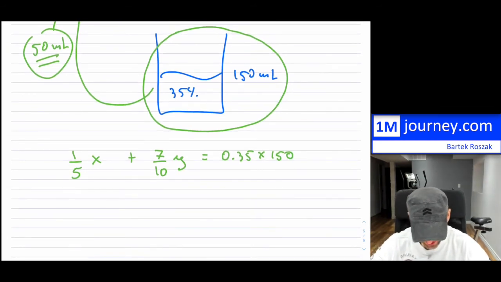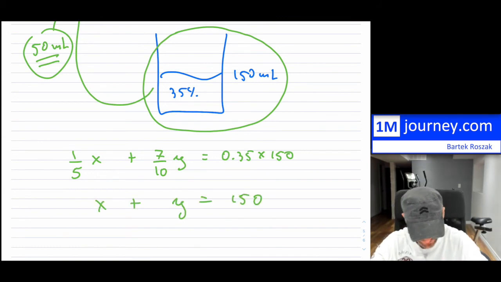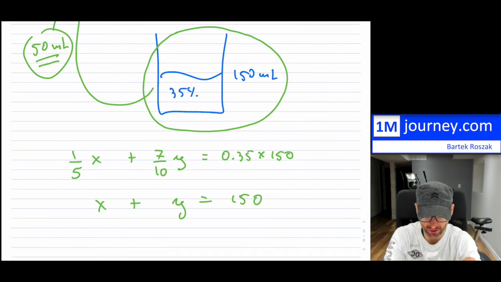So that's what it produced for us. That's the concentration, and then X plus Y is just 150, which is the total amount that we poured out.